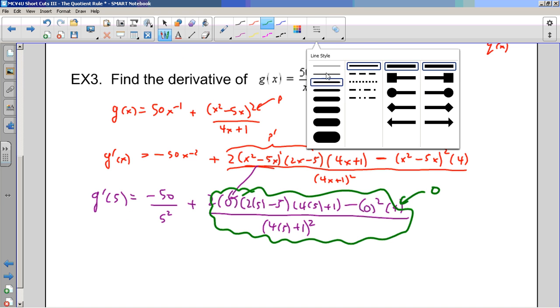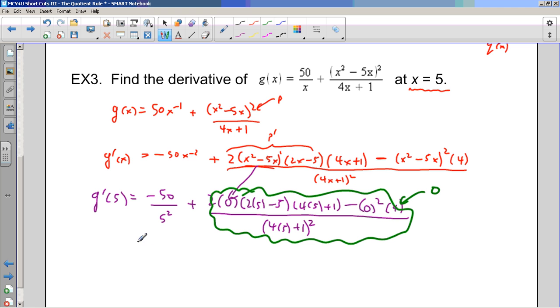I've got -50 over 25, that's minus 2. Pretty nice, actually. I'm glad I didn't expand all this stuff and collect like terms, because that turned out to be not that difficult. So notice, what does this mean? At 5, the slope of this nasty big thing is minus 2.